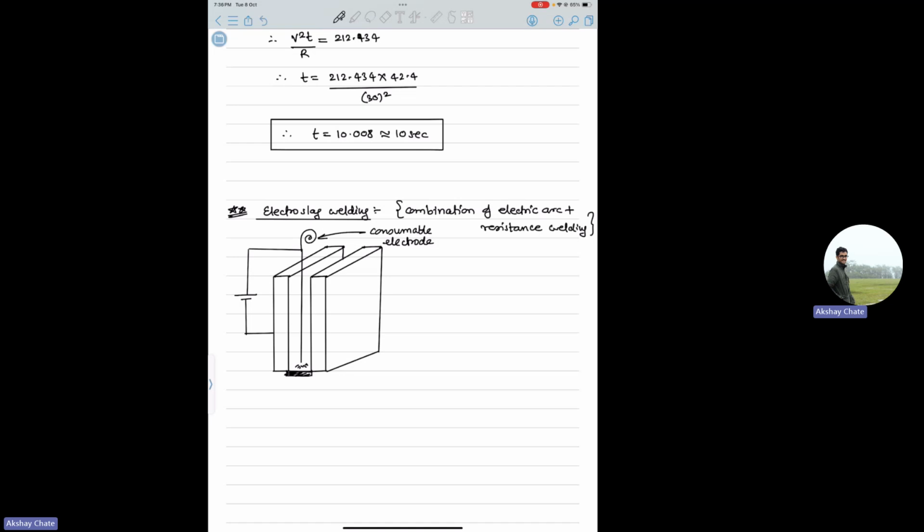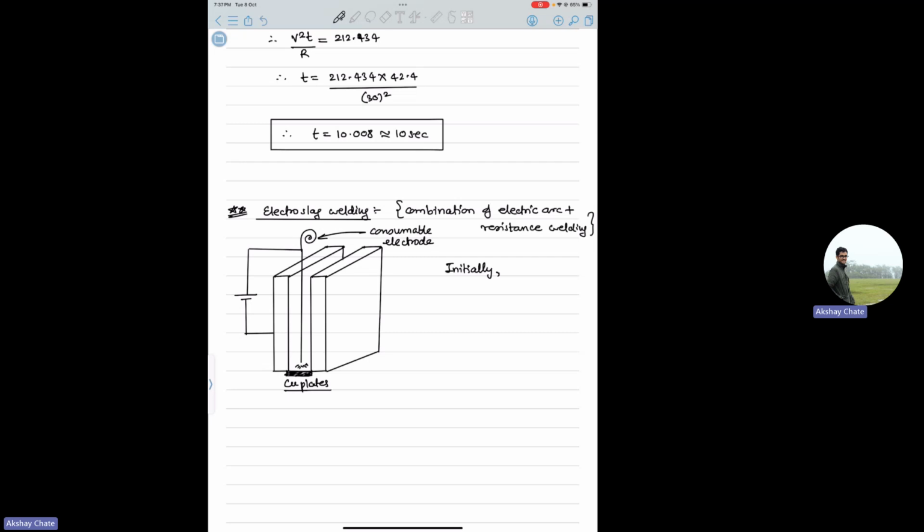And this is some copper plates to block, actually, because if you don't put copper plates, this molten thing will just go down, right? So you will not have a filling. Okay, so initially you generate arc. Initially, electric arc generation between electrode and workpiece.